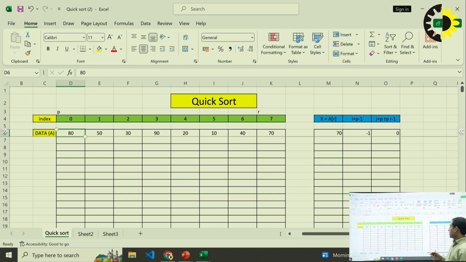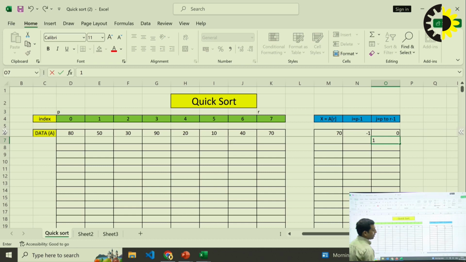So first, look, this is 70. Now J is 0. The element at position J is 80. Now 80 is greater than 70. What to do? Simply increment J, so J becomes 1.